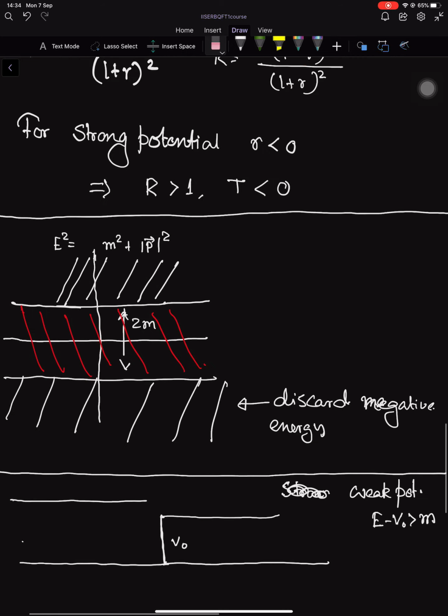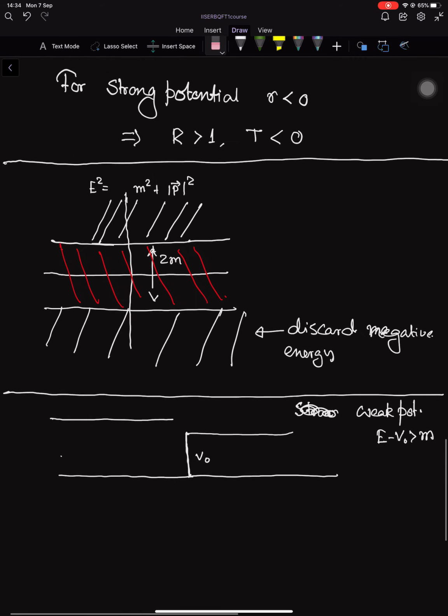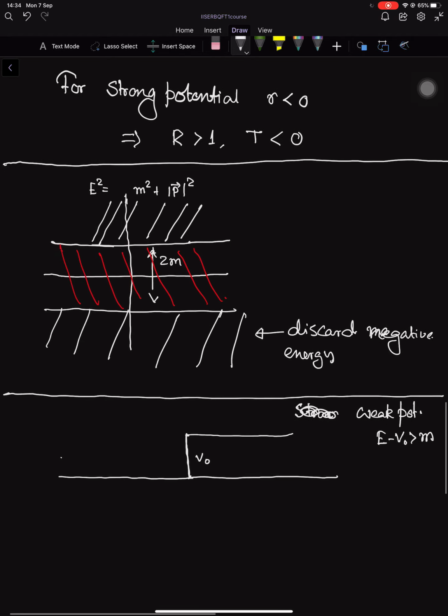Wait, sorry, I think I wrote something wrong. Let me give a moment. E minus V0 was less than M, I think. So for the weak potential, yes, E minus V was less than M, so we are somewhere here.